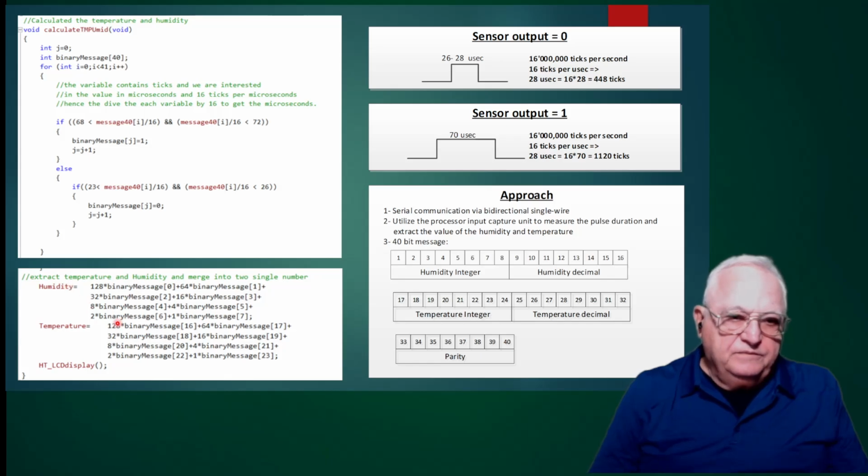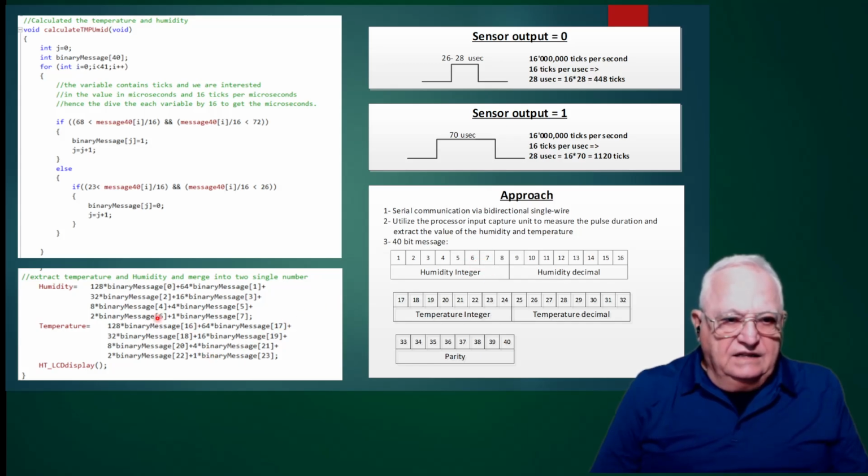So humidity. I know the humidity goes between 7 and 0. What I want to do is convert this array into an integer. This array represents a binary. So I take the least significant bit and multiply it by 2 to the 0, which is 1. That's bit 7.